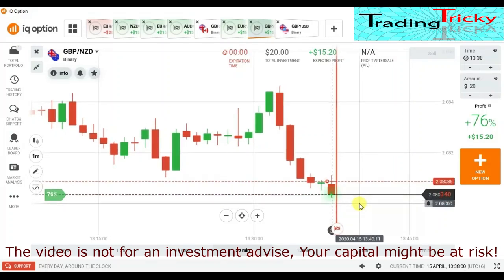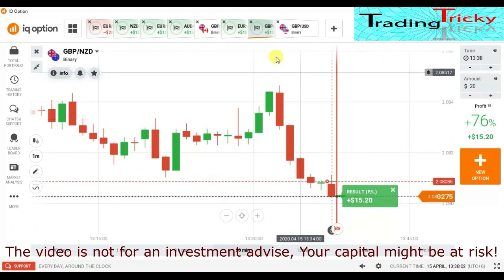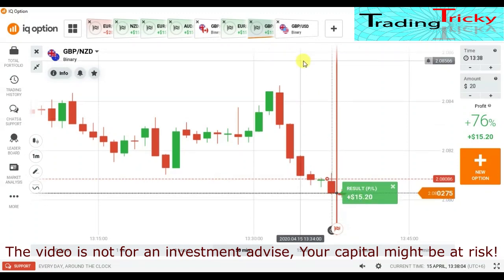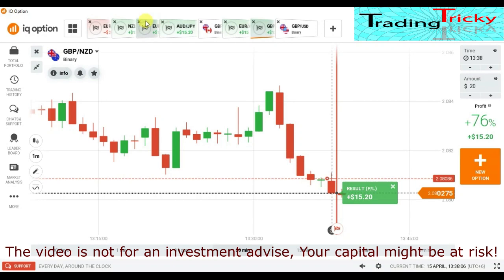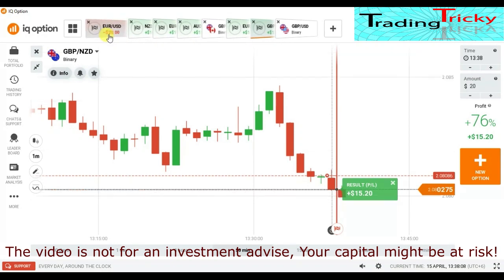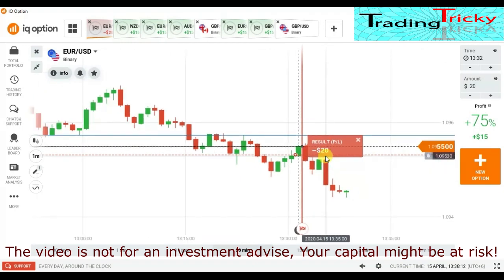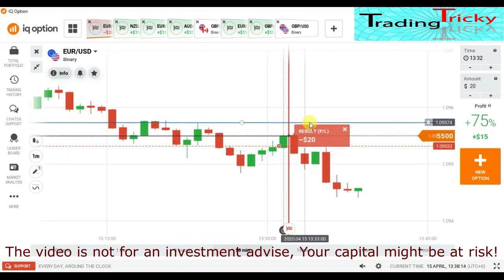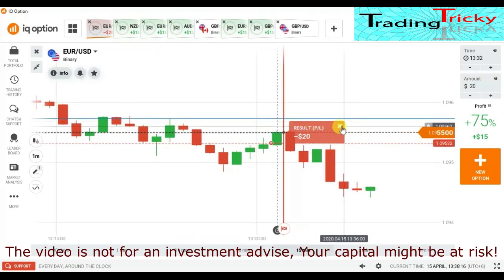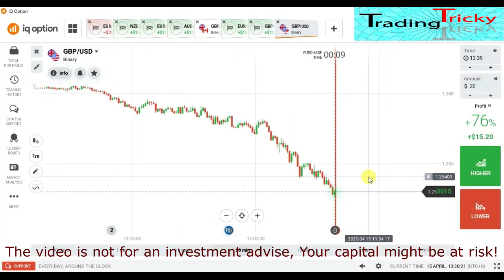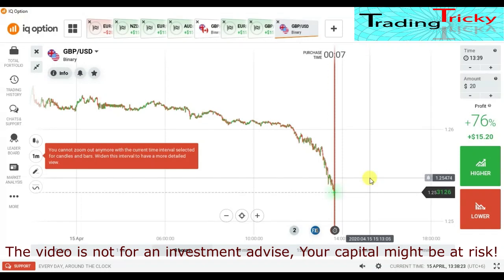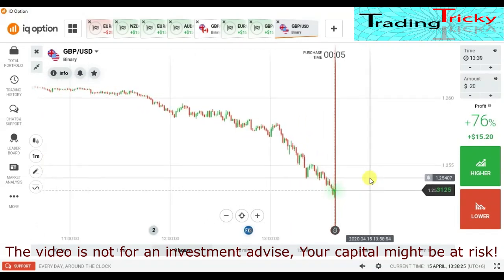Okay. See, I have won this trade too. So in total I placed 6 trades and one is lost, and loss is common. No need to worry about losses. So I'll try to place 1 or 2 more trades if I have good confirmation.